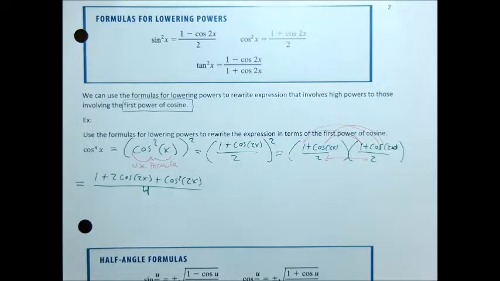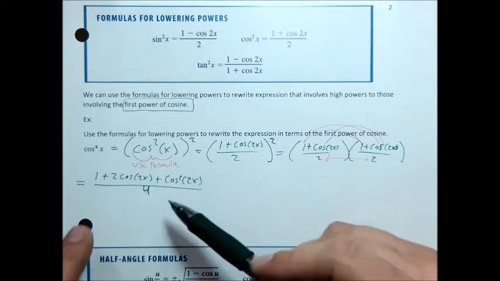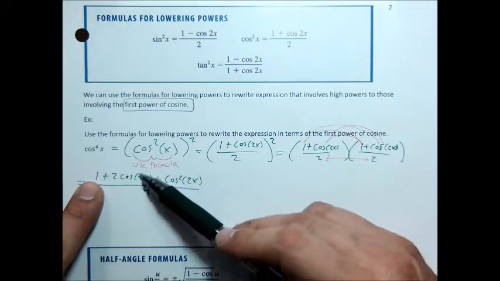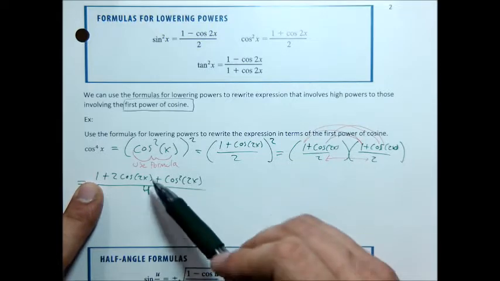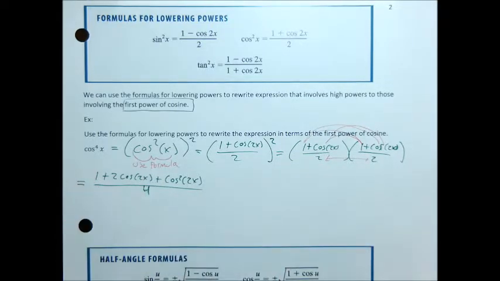If you just squared the 1 and the cosine, you'd get just these two terms and you'd be missing that middle term. So you need to make sure you are distributing on that, or else you miss the term in the middle. I'll pause there and see if there are questions about that. Thoughts about what I'm trying to say there?